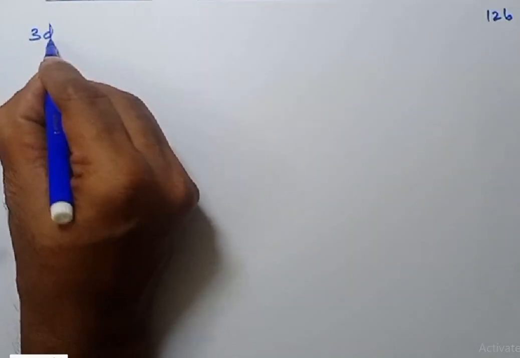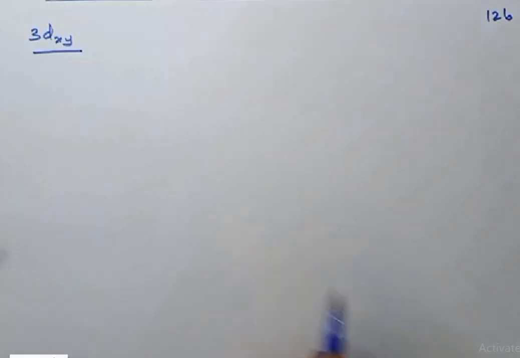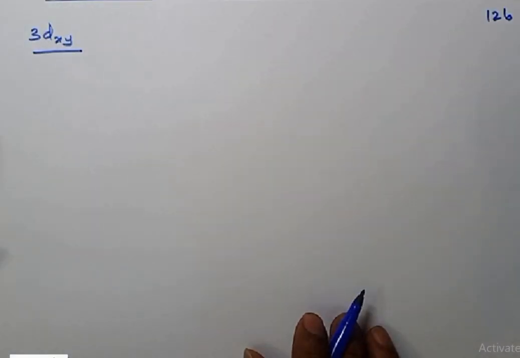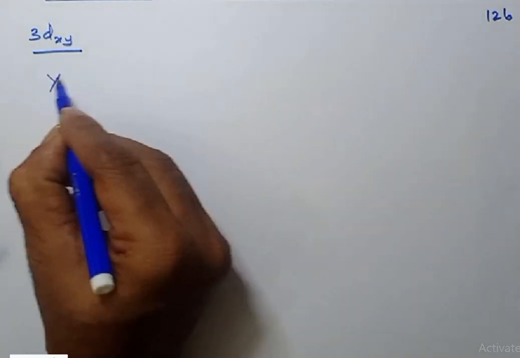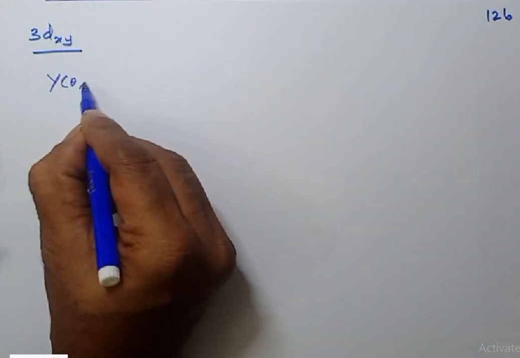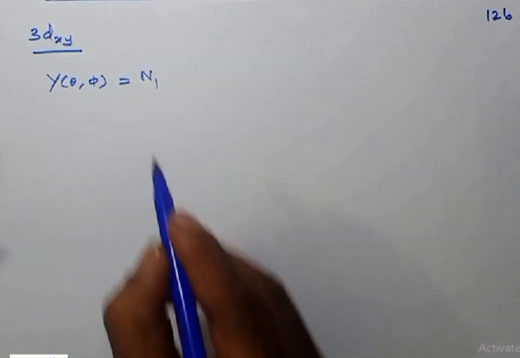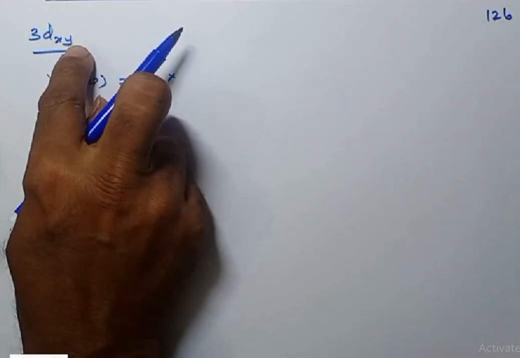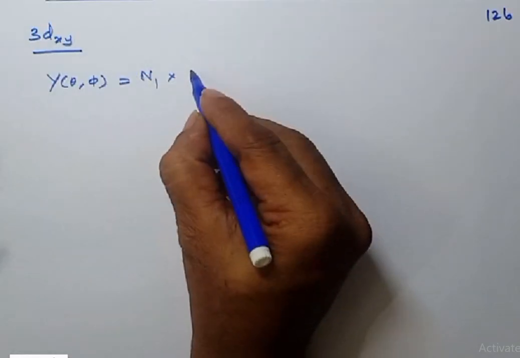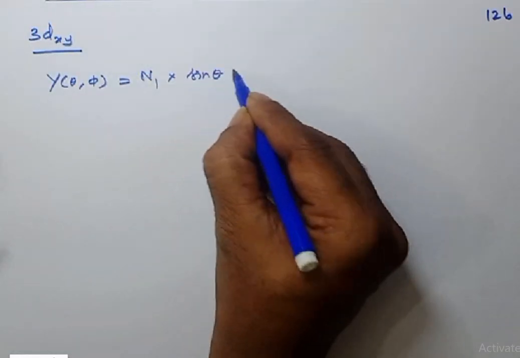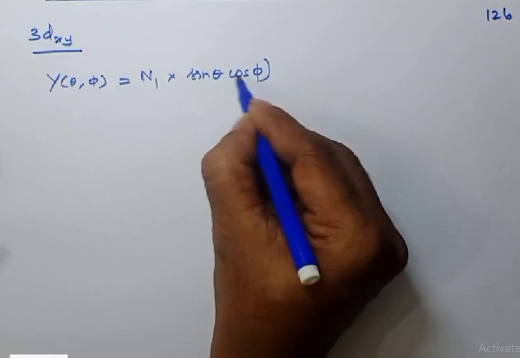Now, let me take another orbital, say 3dxy. I am taking d orbital here. Listen, what is the angular part? Angular part depends on theta and phi, equal to some normalization constant n1 into, see I have x as well as y. x is nothing but sin theta cos phi.